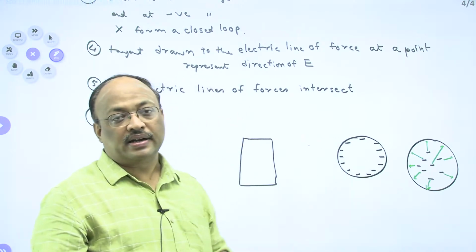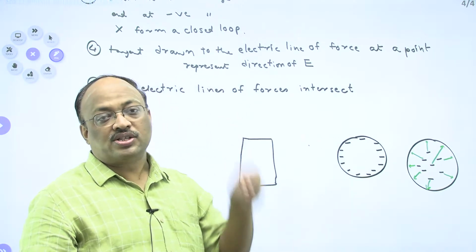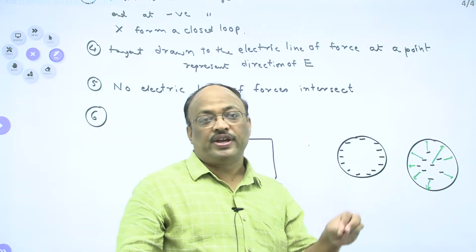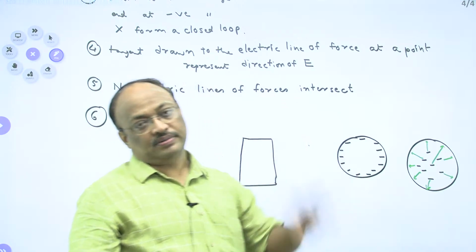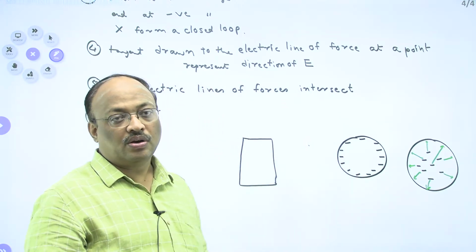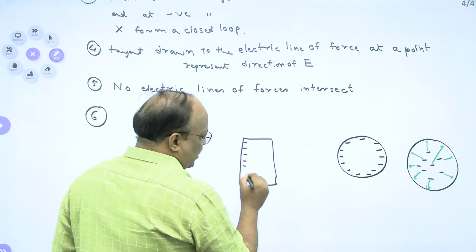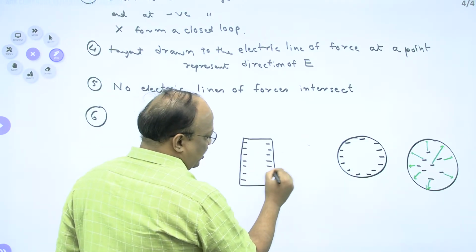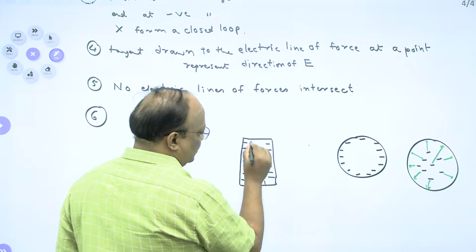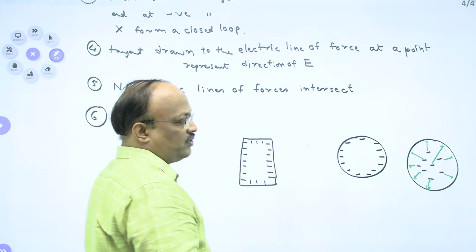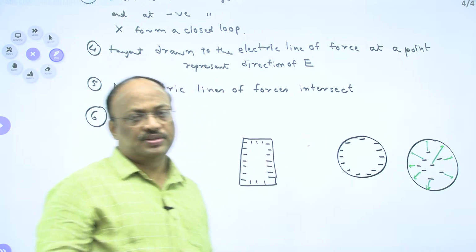Always in a conductor, charges reside on the surface of the conductor. So they will reside here also, on the surface like this.